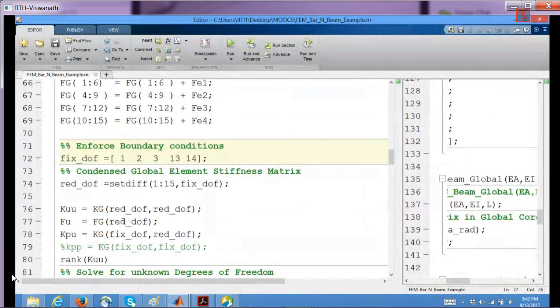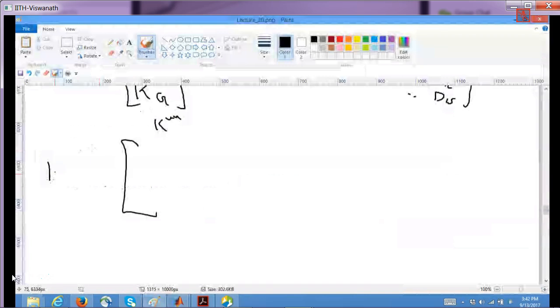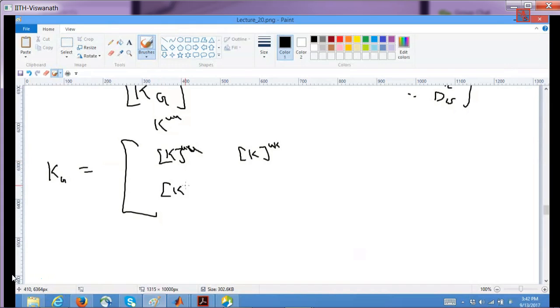Now, as I've said earlier, Kg is nothing but KUU, KUK, KKU, KKK.